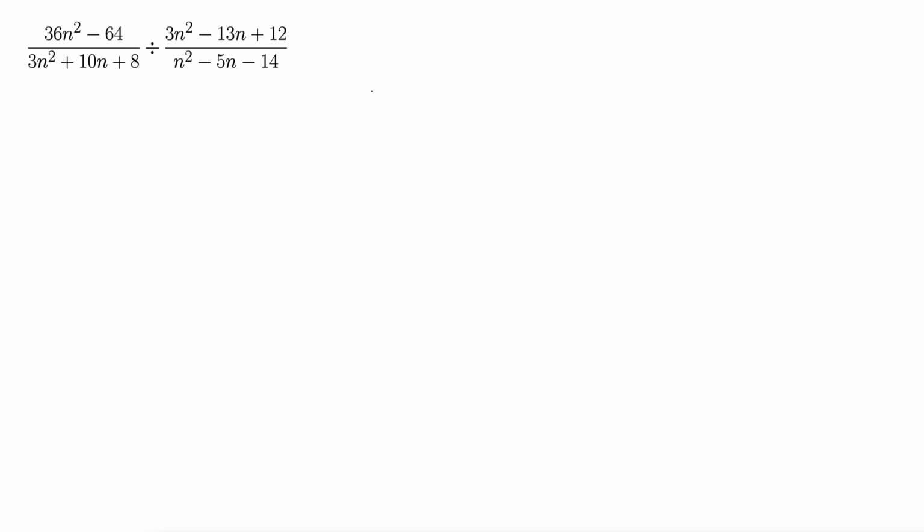Let's first remember P over Q divided by R over S. You multiply by the reciprocal of the second term, so it's just P over Q times S over R. So that's the first thing we'll do.